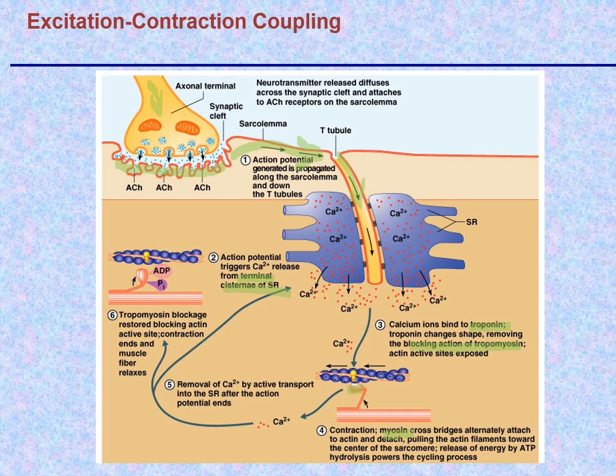With binding you get that movement. So the movement is shown here in this direction. They effectively, the two are sliding past each other because of the action of that myosin.